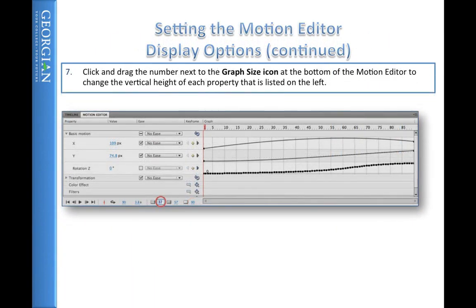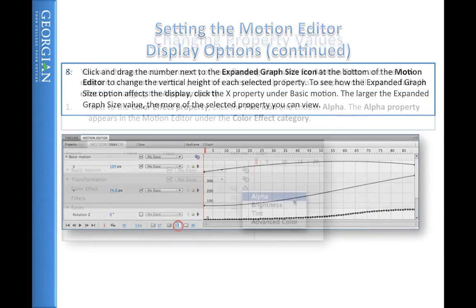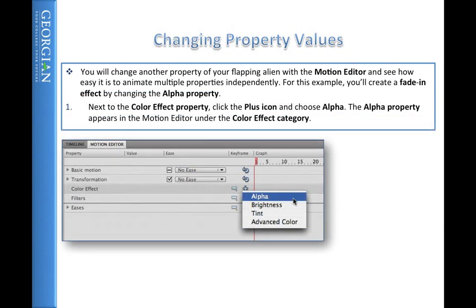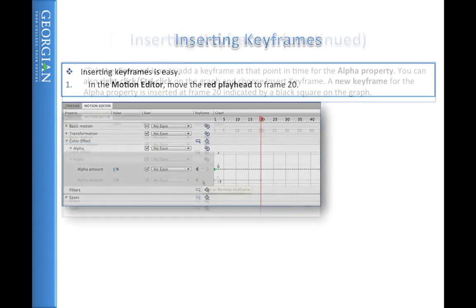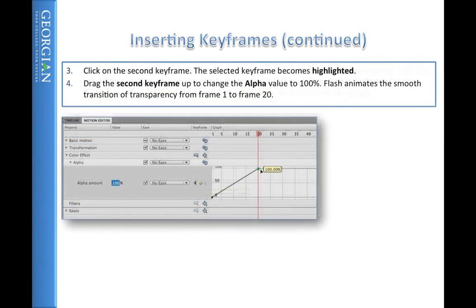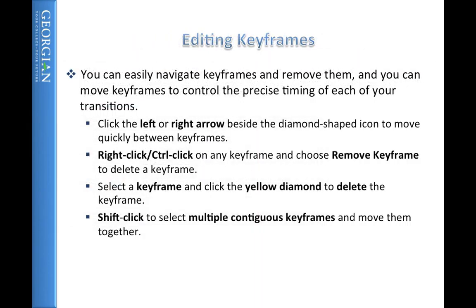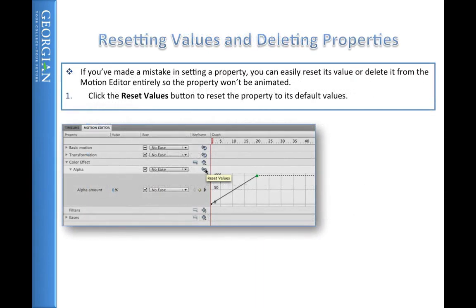You can add in different properties here as well. Everything that you can normally do with the timeline, you can do here with the motion editor. You can even insert keyframes.